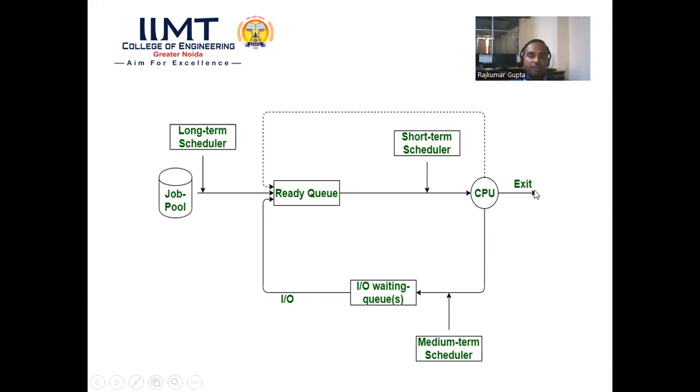In simple words, the process completes its execution and is able to produce the output. This is the main difference between the long-term, short-term and medium-term schedulers.